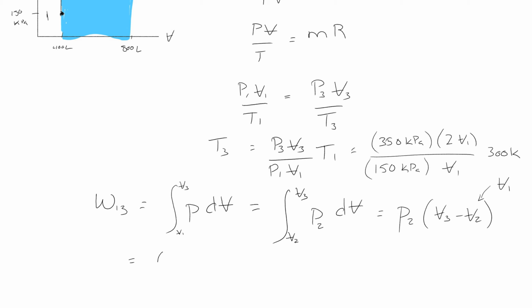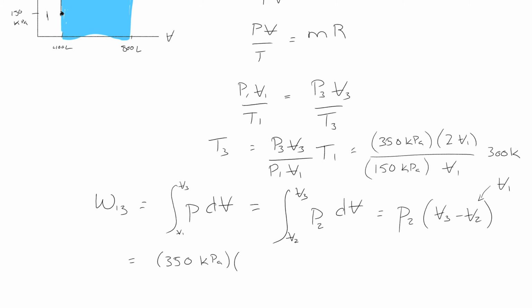So we have now 350 kilopascals times V3 minus V2. So we're going from 400 liters to 800 liters. So that difference is 400 liters.